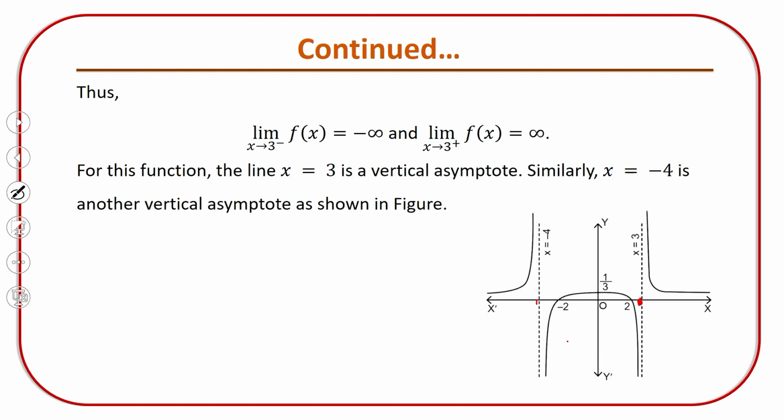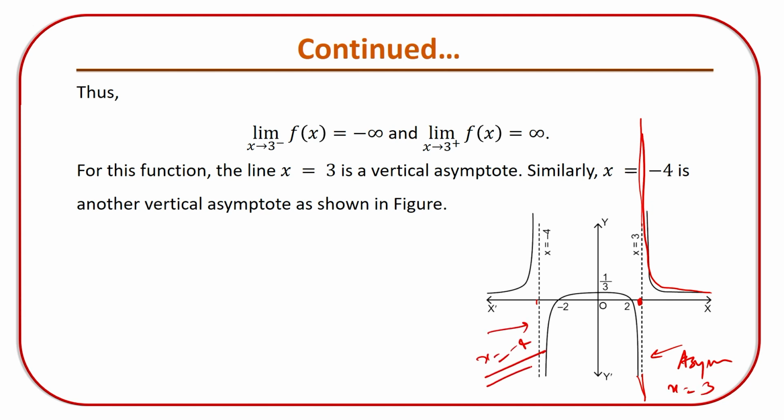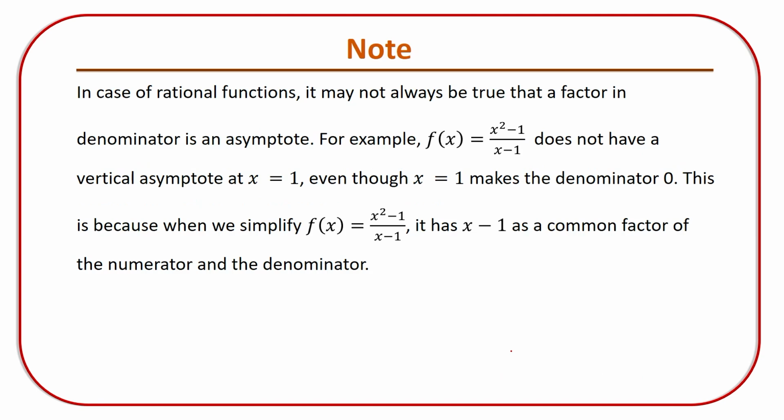So those will be our asymptotes. As you can see here, the curve is going to infinity, and x equal to 3 looks like the merging point. So this will be an asymptote, x equal to 3. Similarly, x equal to minus 4 will be an asymptote, right?